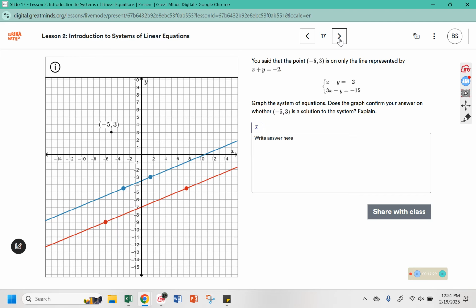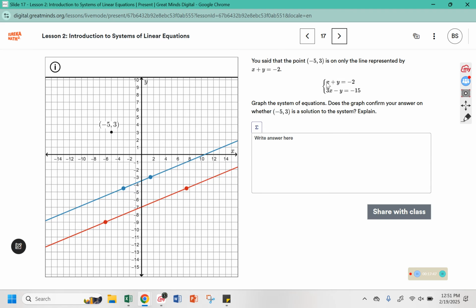You said that the point negative 5, 3 is only on the line represented by x plus y equals negative 2. Graph the system of equations. Does the graph confirm your answer on whether negative 5, 3 is a solution to the system, and explain?